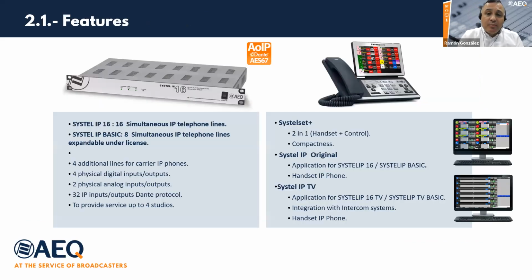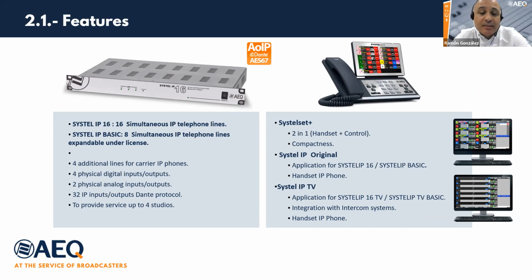We have a couple of models for Systel IP: Systel IP 16 and Systel IP 8. The first is related to a capacity of 16 simultaneous IP lines, and the 8 model has up to 8 IP lines, but the 8 model can be upgraded to the 16 via licenses.